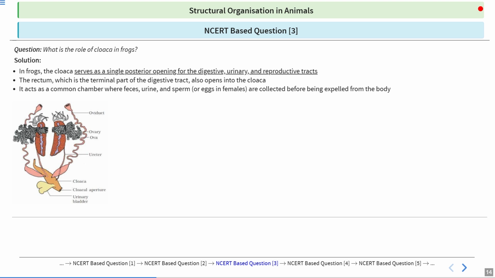And this rectum is joining to the cloaca. So you can see that this cloaca has exposure to three different tracts: one from the digestive tract, one from the kidney, that is by the ureter, and another by the oviducal tube, right?